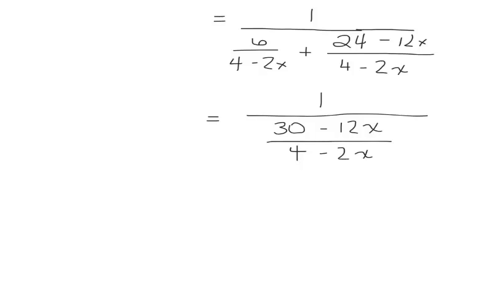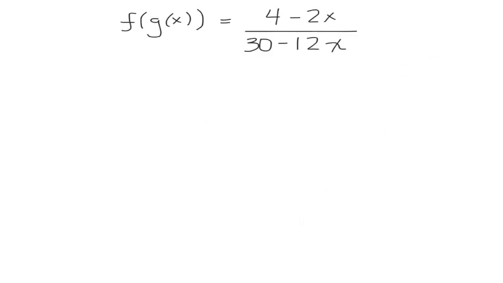So we have a division of two fractions. We're going to multiply by the reciprocal, and that's going to give us 4 minus 2x all over 30 minus 12x. So now that we have the rational function f of g of x, let's go ahead and take the denominator of this rational function and try to determine where f of g of x is undefined.